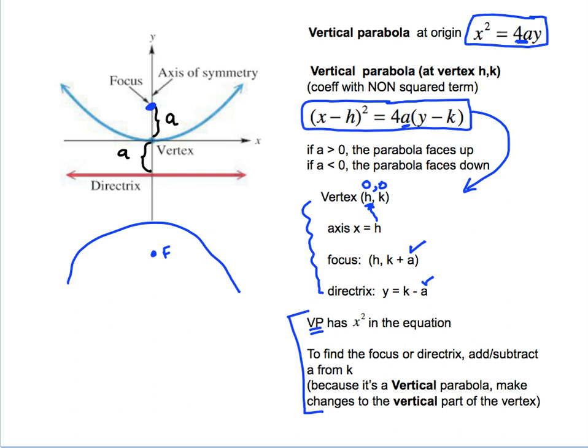If it's a vertical parabola, then you make changes to the vertical part of the vertex. The vertex is (h, k). That is your vertical part. That is your y coordinate of the vertex. This is silly, but pretend vertical is spelled this way. Vertical, K instead of C, vertical. So if it's a vertical parabola, you are going to add it and subtract it to k.